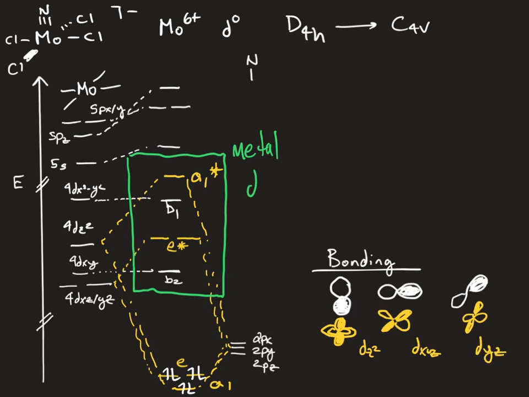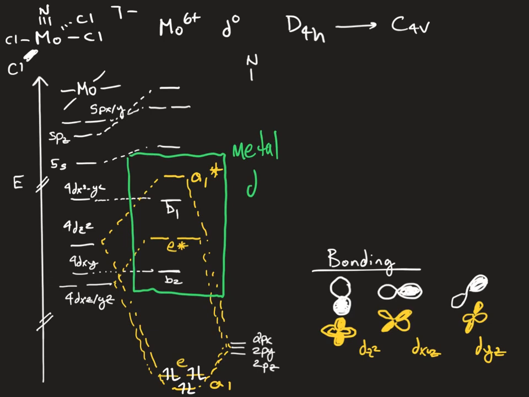These are bonding orbitals, so they're in phase. Furthermore, these bonding orbitals are closer in energy to the nitrogen atomic orbitals, so they're dominated by the nitrogen. They have a huge amount of nitrido character.